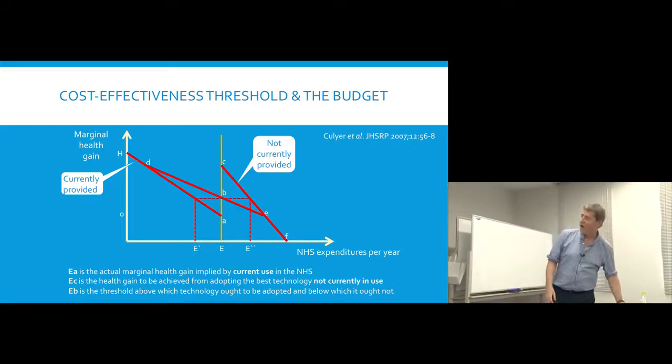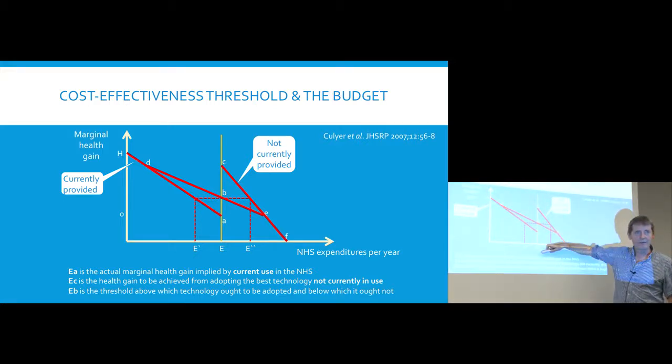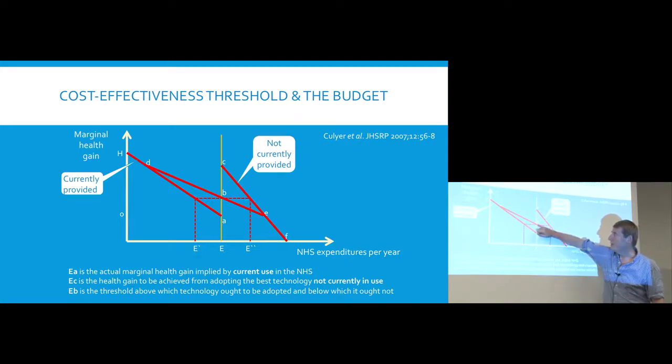Okay, now imagine the budget has remained the same though. The best we could do with this budget would be achieving a marginal health gain of EB on that would be our least, as it were, productive activity.